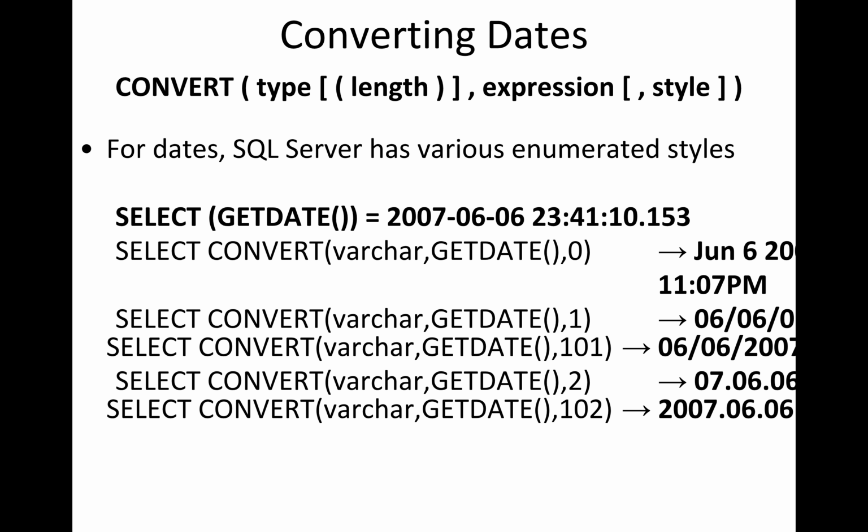Here are a couple of examples in SQL Server of converting dates into different formats, and they have documented all the different formats, each with a different number. Converting with style 101 gives a four-digit year, 2007, and using the European notation you have day, month, and year, I believe.